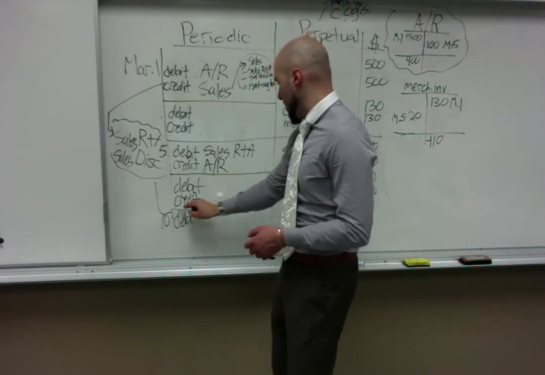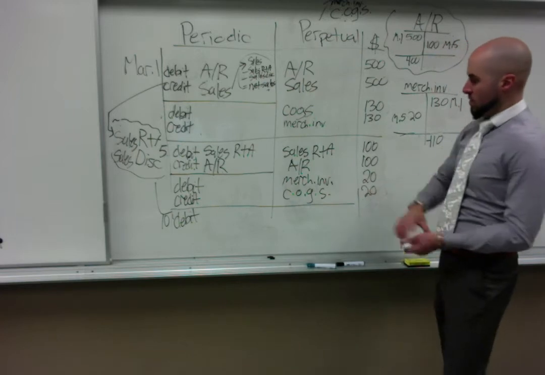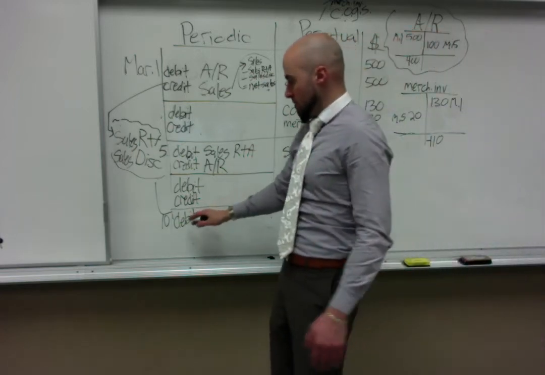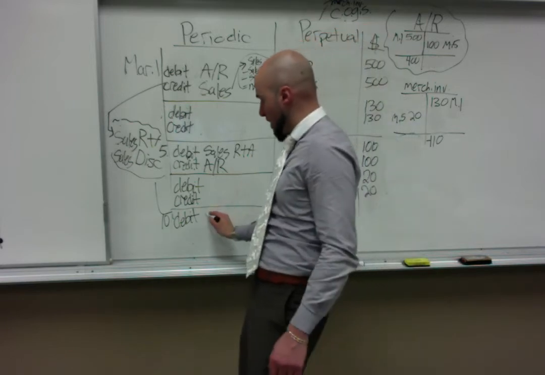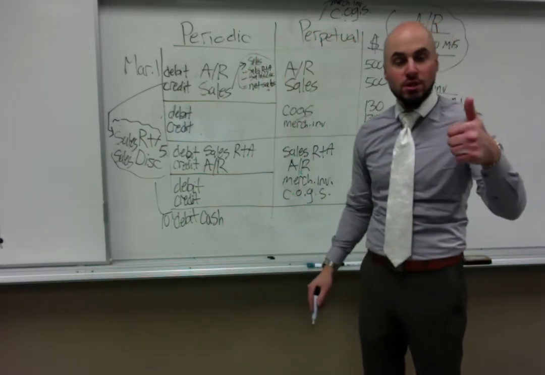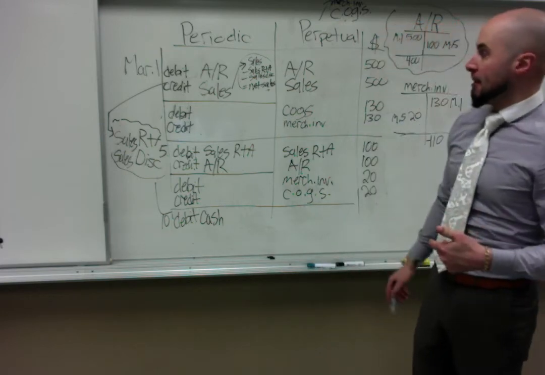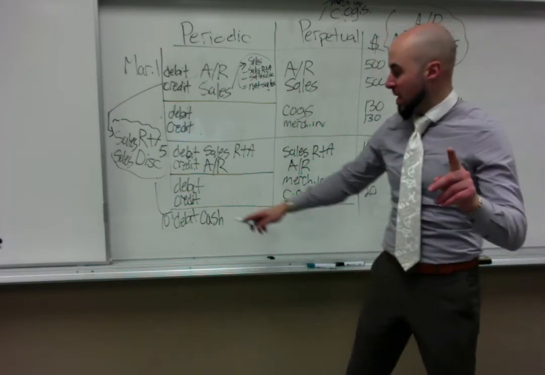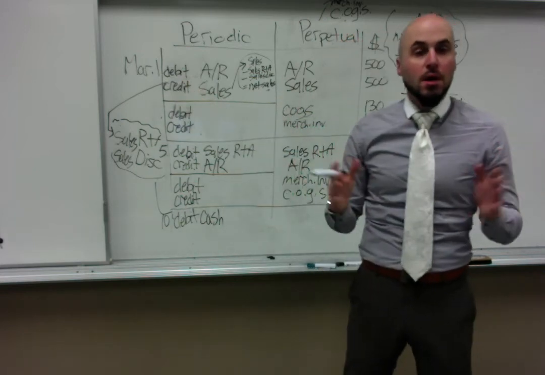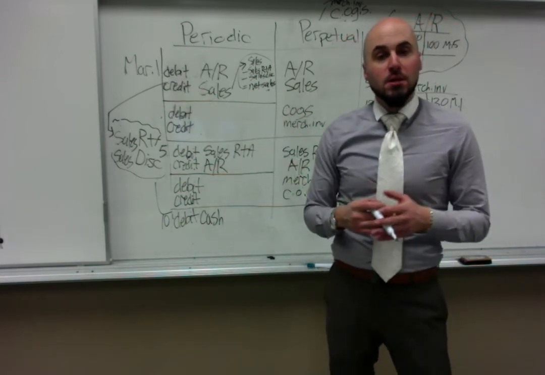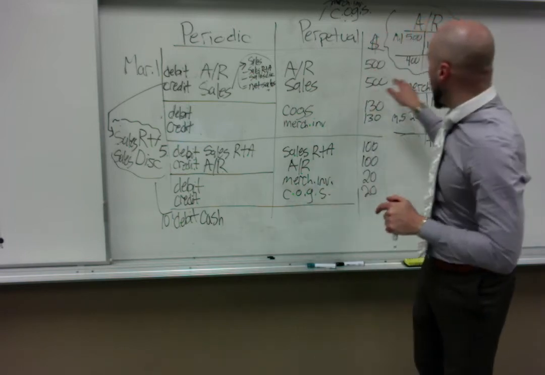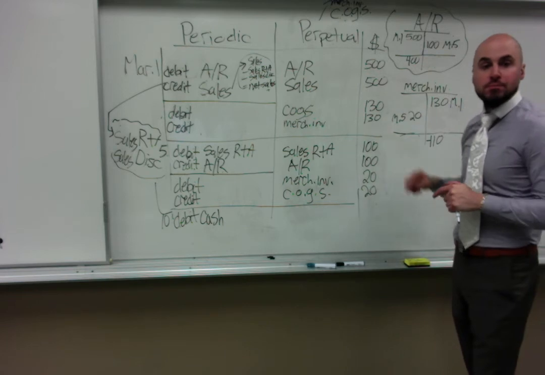So this, by the way, here's the perpetual entry, there's the periodic entry. On March 10th, we received the cash. If we're receiving the cash, it's increasing. But they're paying within the discount period, within the 15 days, which means they're going to get a discount, and therefore we're not going to get this full 400.